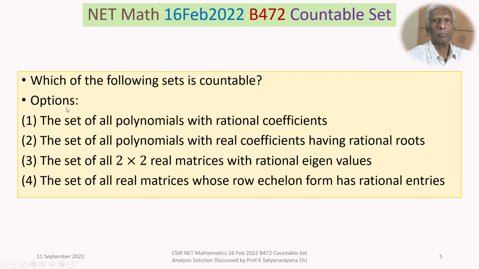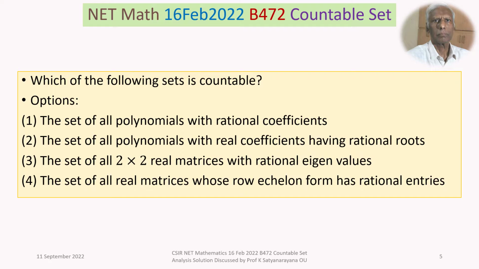If we see these four options, one of them is a very standard result, that is option 1, that the set of all polynomials with rational coefficients is countable. It's a very standard result which everybody studies in their analysis course.